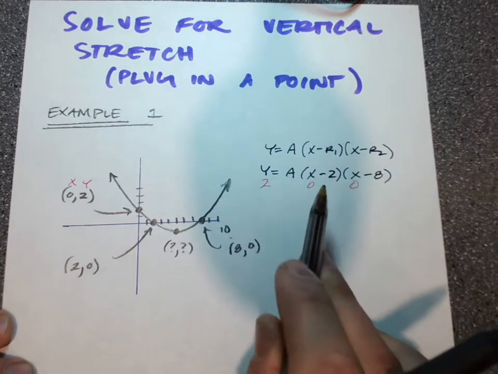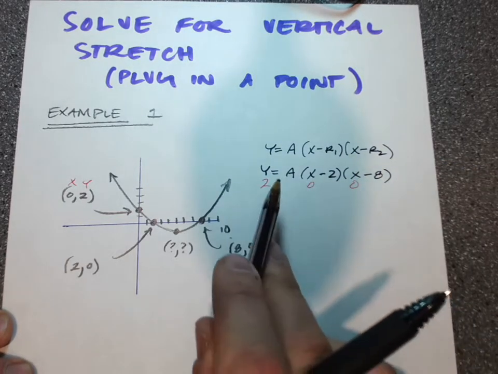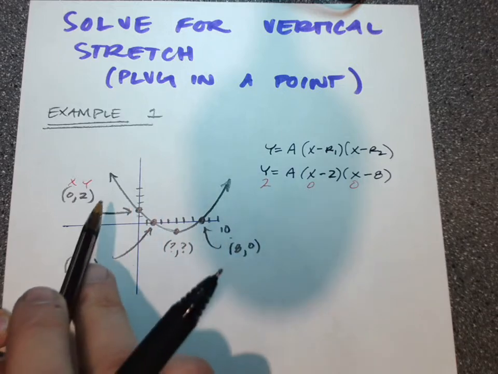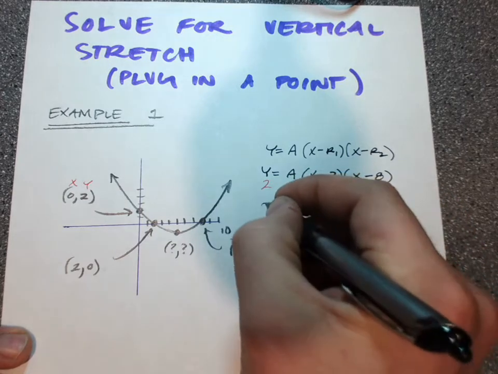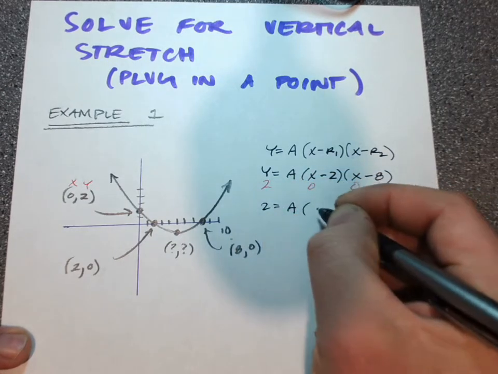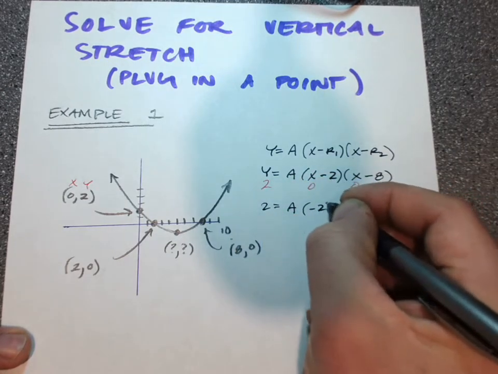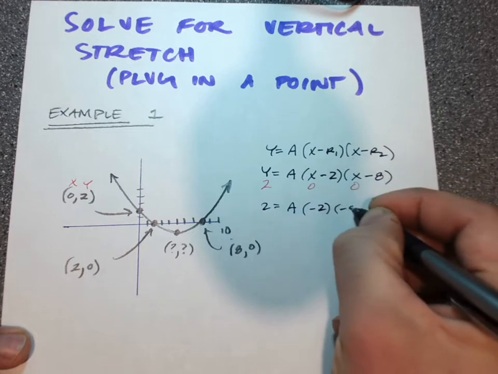We're going to substitute x is 0 into both x's and y is 2, and then solve for the a value. So y will be 2, a is unknown, 0 minus 2 is negative 2, and 0 minus 8, negative 8.